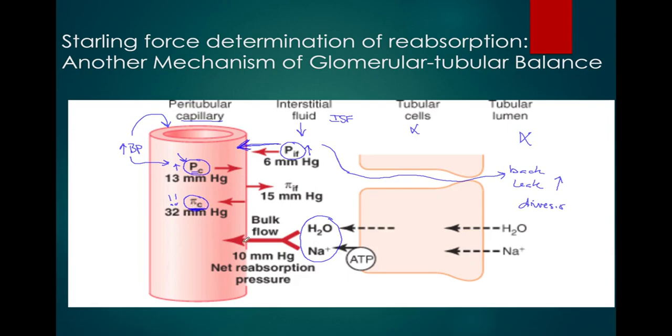You push more volume out, your filtration fraction goes up, you're filtering a greater volume. The concentration of the proteins left behind that didn't get filtered goes up. If this goes up, that means reabsorption goes up. Aha, check it out. You filtered more, so you're going to reabsorb more.